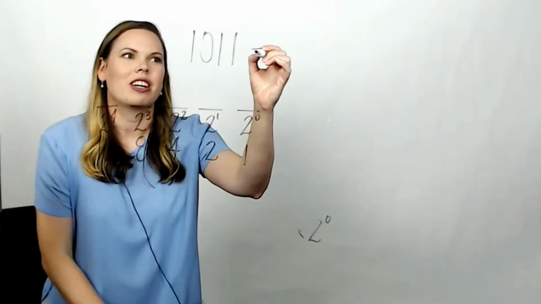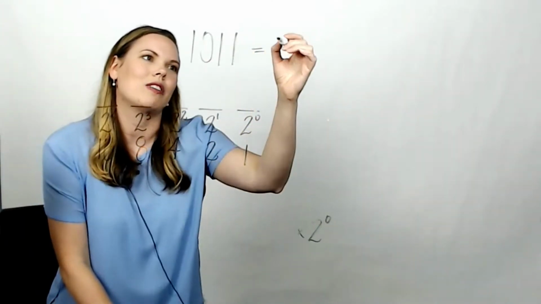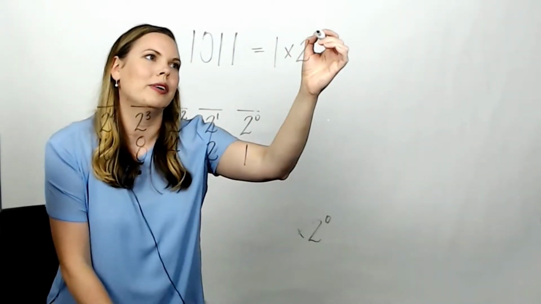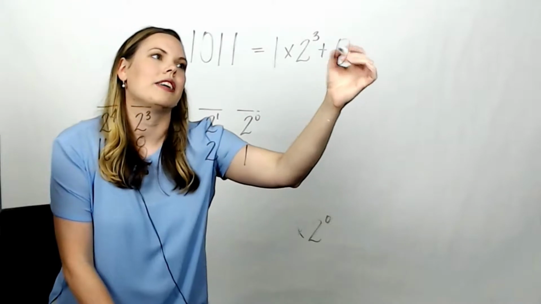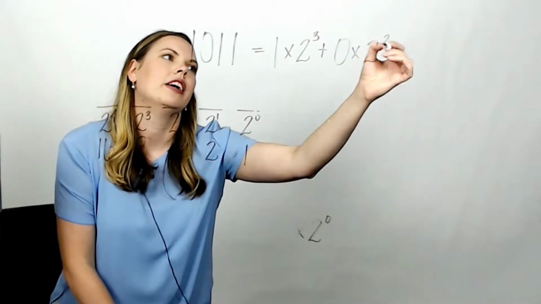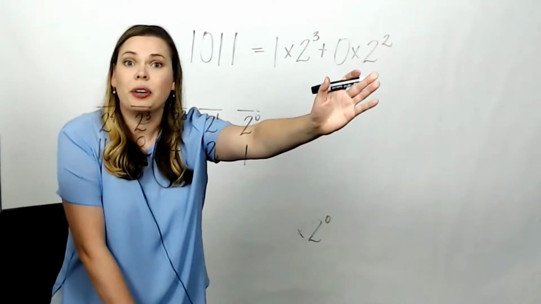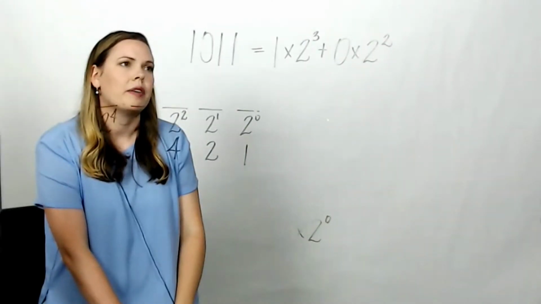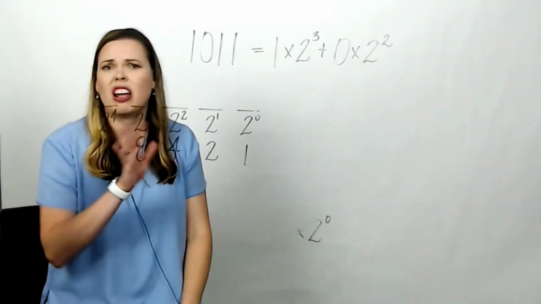So I'm going to write it in expanded form so we can really see it. 1 times 2 to the third power plus 0 times 2 squared. Some people don't write this. That's okay. You're just figuring this out. This is your work, so write it or don't write it depending on how you feel about that.